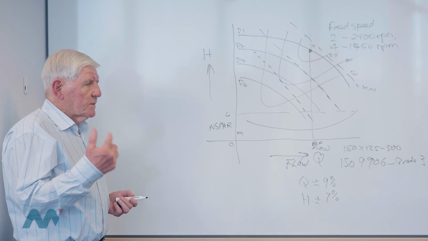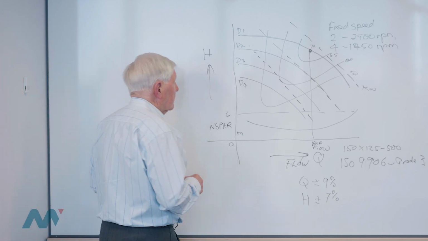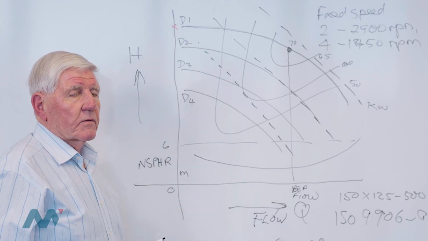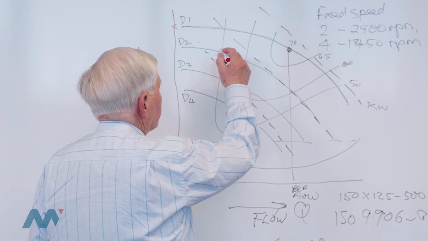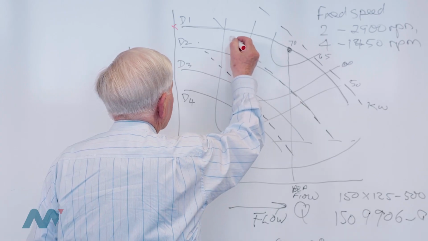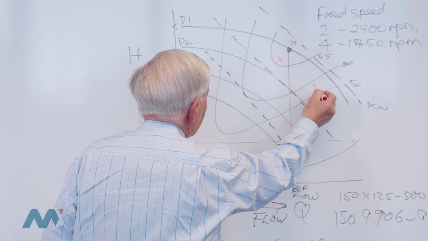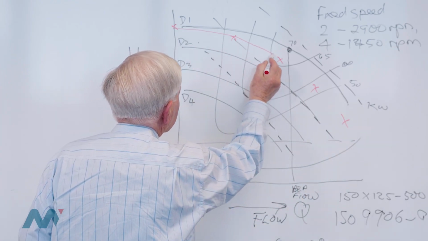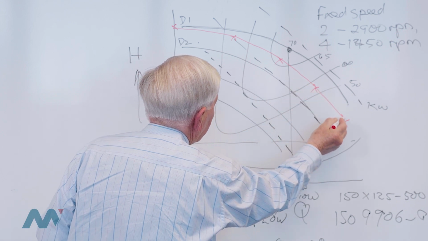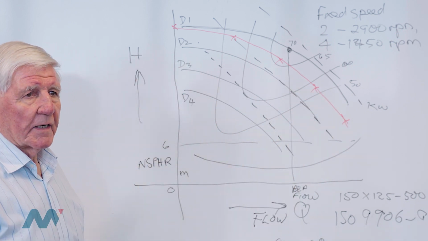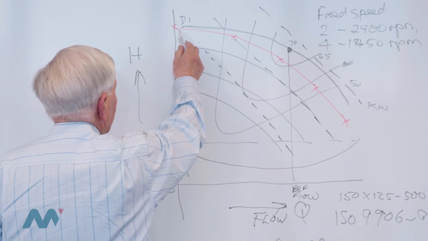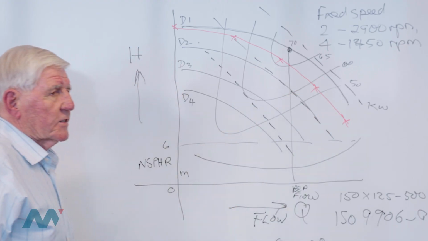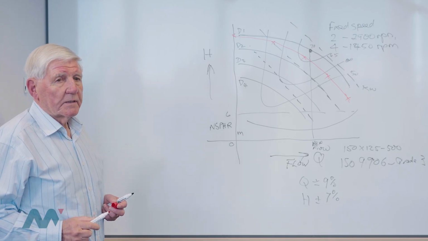So in fact, if you're just measuring pressure, what you will find is that the velocity head is 0 at 0 flow. But as the pump flow increases, the velocity head will also increase. And the actual pressure line is the difference between the velocity head line and the total energy line. So this is the pressure line that you measure on a gauge, and this is the manufacturer's estimate of total energy added to the fluid.